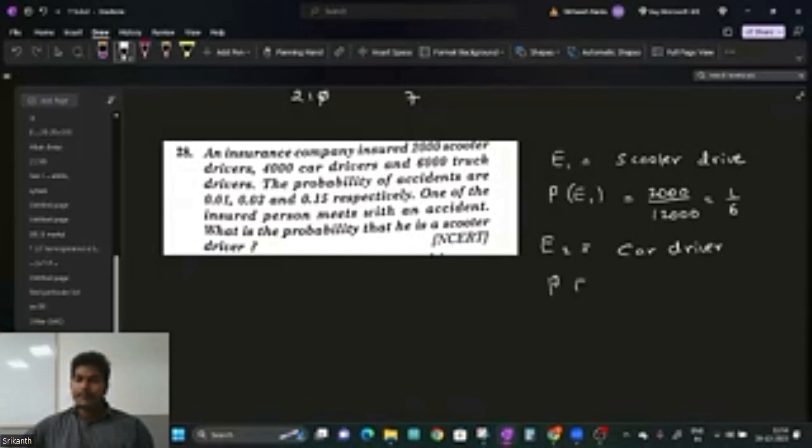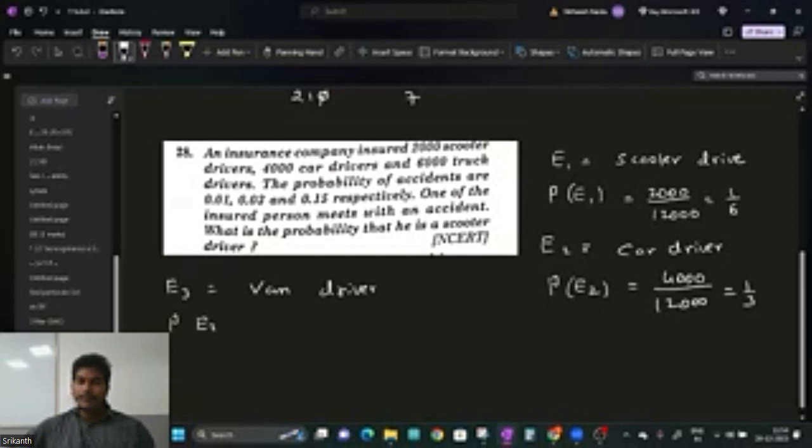What is P of E2? 4,000 by 12,000. That is equal to 1 by 3. What is E3? Van driver. P of E3 is 6,000 divided by 12,000, 1 by 2.